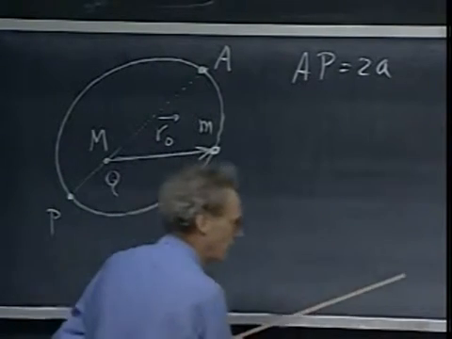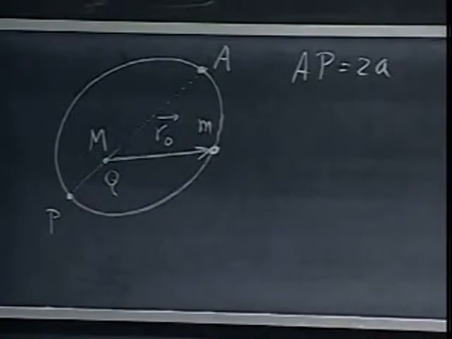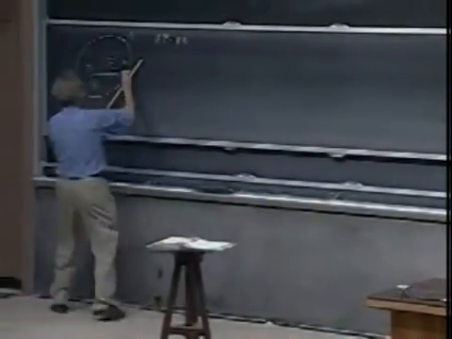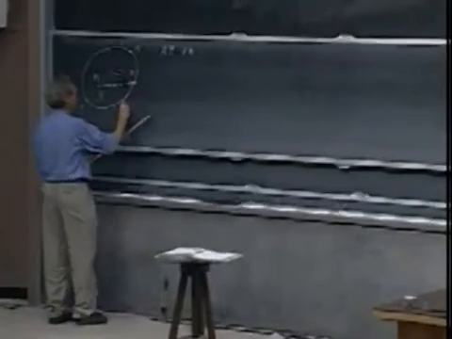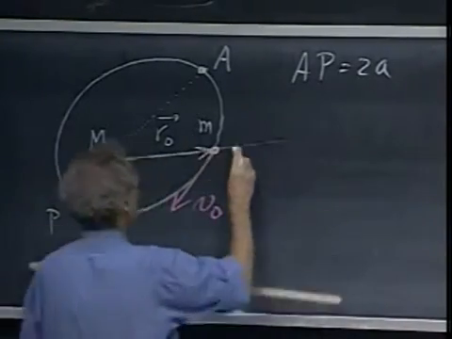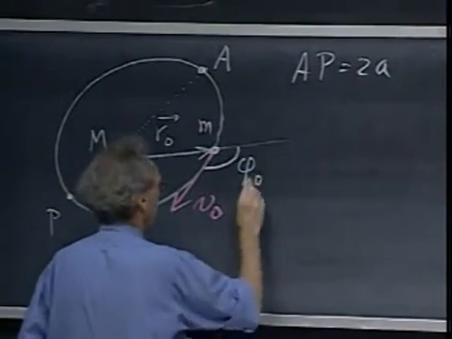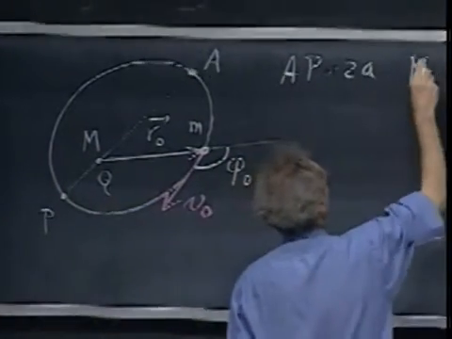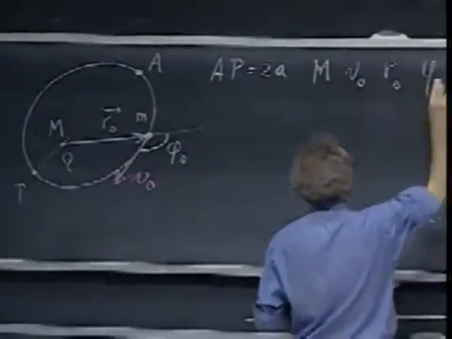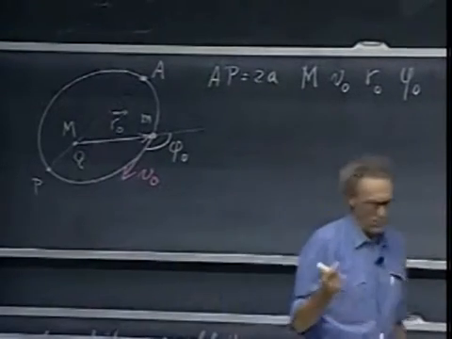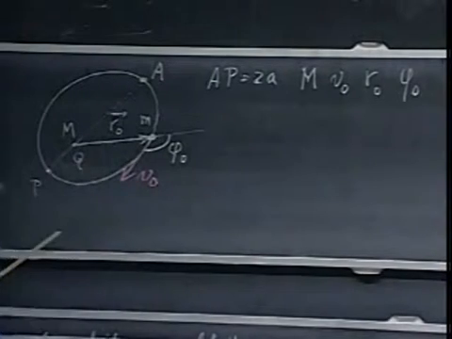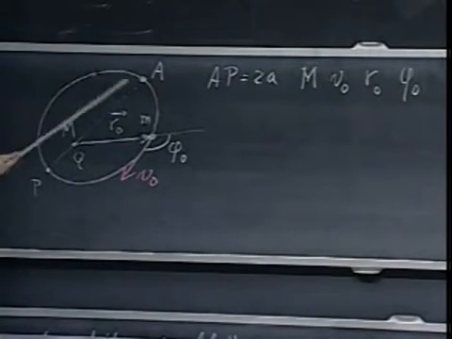And at time 0, when it is there, it has a velocity in that ellipse. Let this be v0, and there is an angle between the position vector and v0. I call that phi 0. So I'm giving you m, I'm giving you v0, I'm giving you r0, I'm giving you phi 0. And now I'm going to ask you, can we find out from these initial conditions how long it takes for this object to go around?